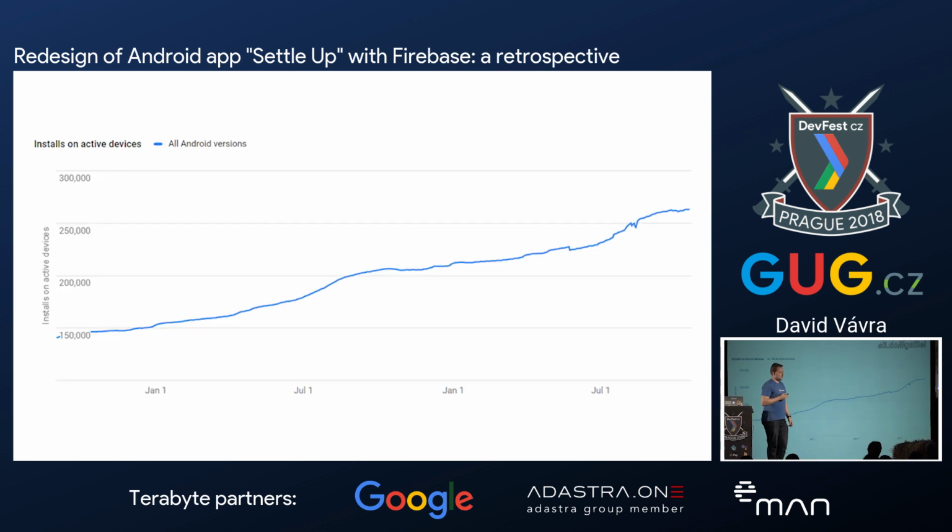What's also good about this is that it didn't affect our active installs much. This is active installs on the Play Store. Here was the release. It slowed a little bit, but nothing major, no major drops. So reviews went down, but active installs didn't. That's more important for us.